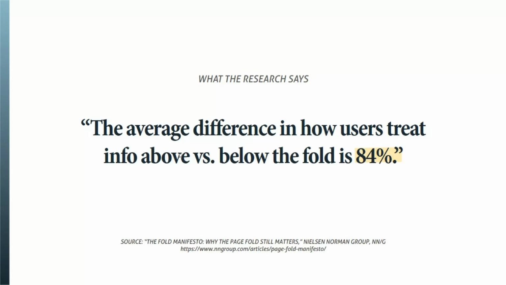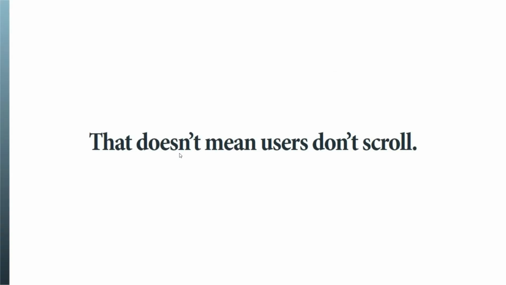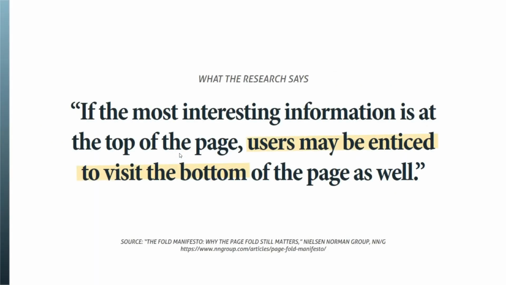One of the things we usually get once we say that is, well, students aren't going to scroll, so we need to shove everything to the top of the page. And that's where I come back and usually say that it doesn't mean that users don't scroll. Users will scroll when they have a reason to visit the bottom of the page, right?